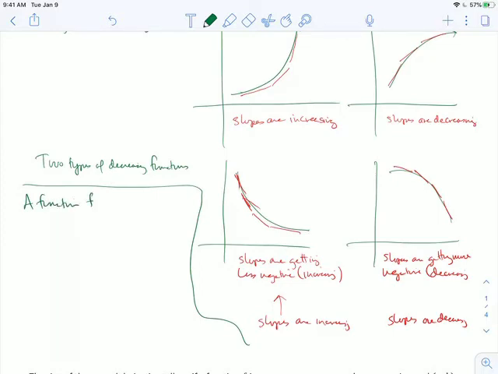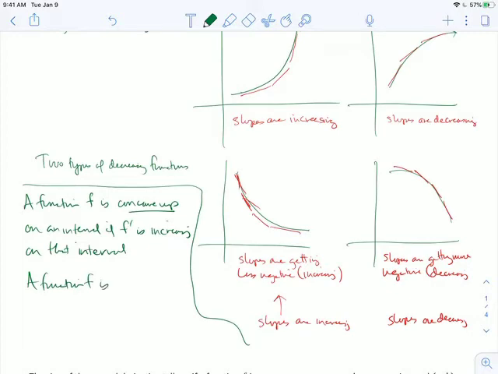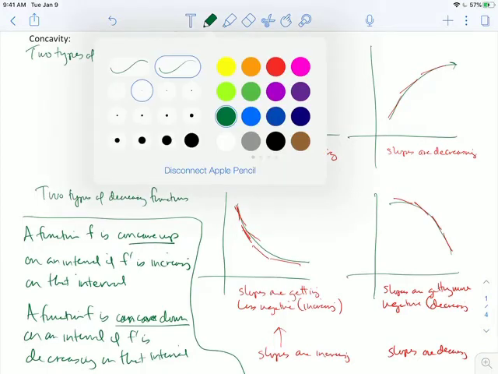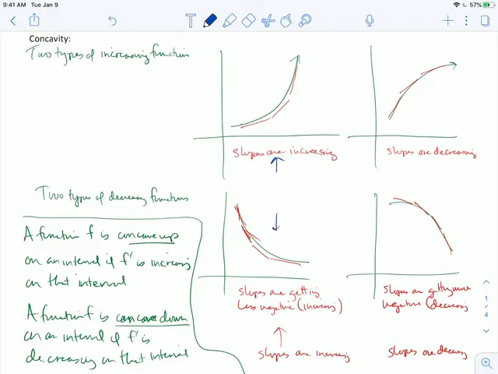A function f is concave up on an interval if f prime is increasing on that interval, and a function is concave down, C-O-N-C-A-V-E, concave down on an interval if f prime is decreasing on that interval.